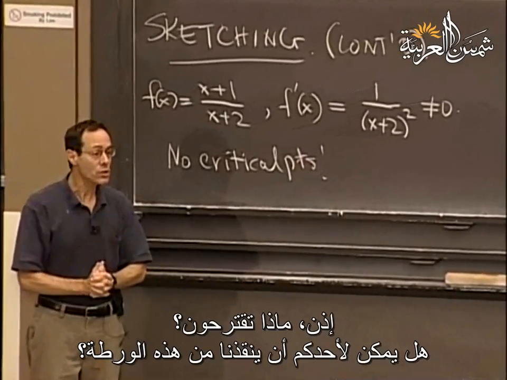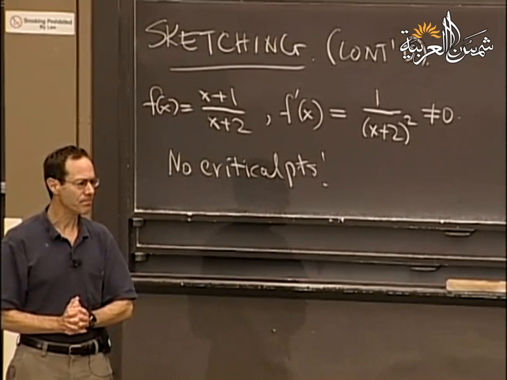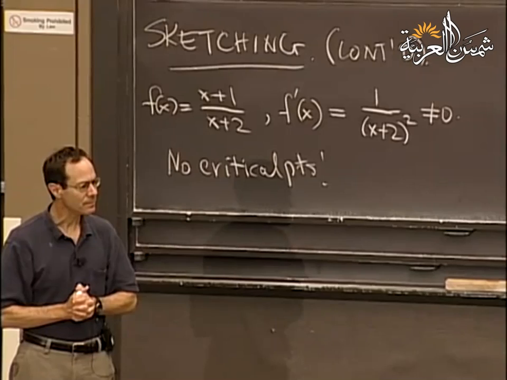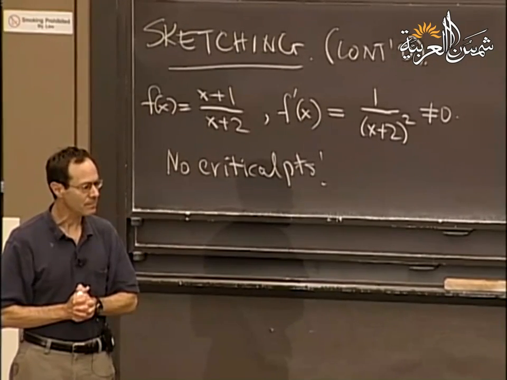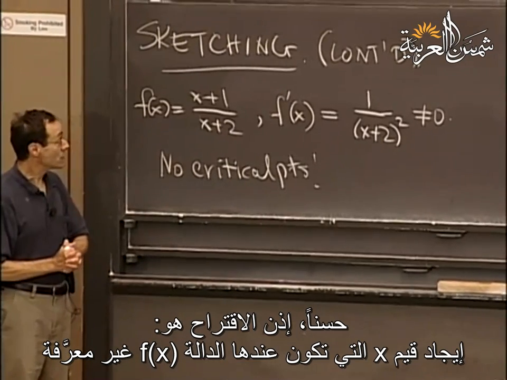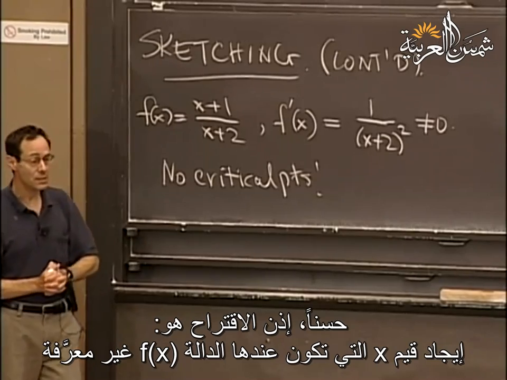So what would you suggest? Okay, can anybody get us out of this jam? Yeah. Right. So the suggestion was to find the x values where f of x is undefined.